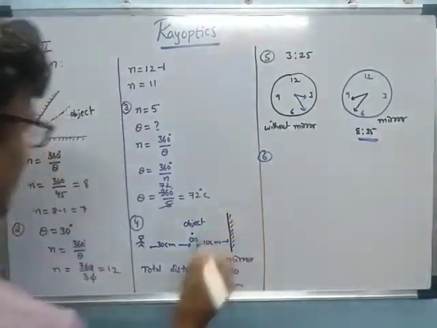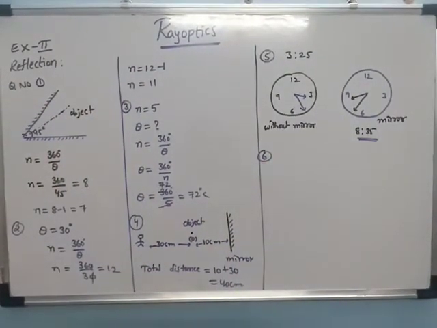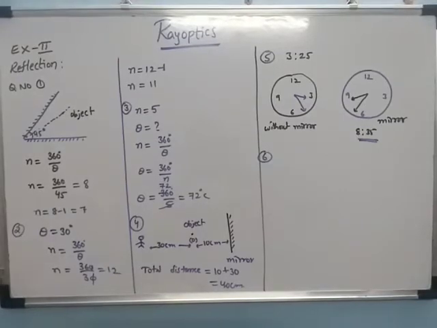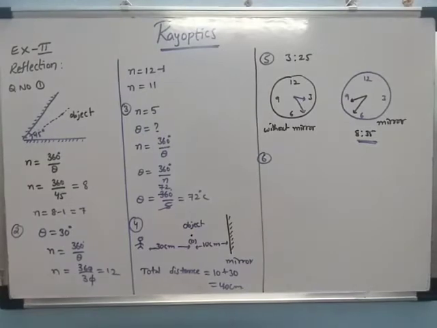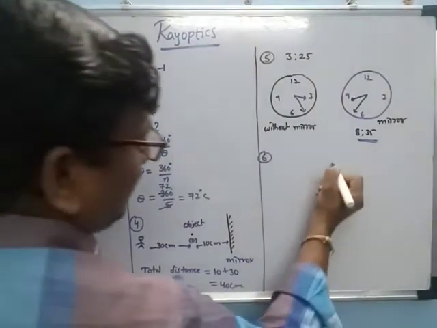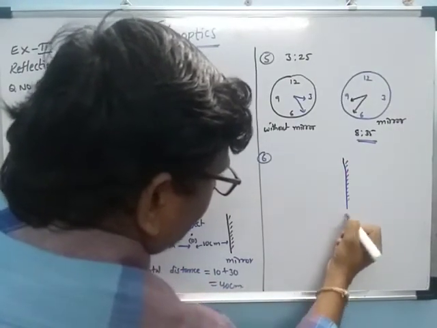Next, see question number 6. A man runs towards a mirror at a speed of 15 meters per second. What is the speed of the image with respect to the man? This is given by the plane mirror.